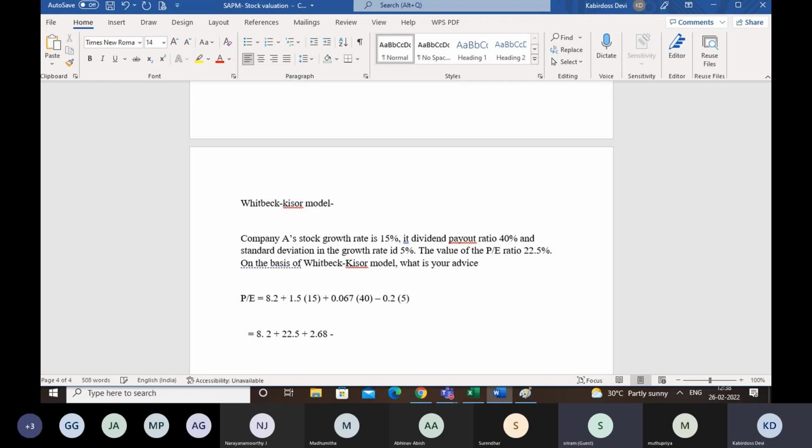Minus 0.2 into 5, which is 1. Now add all that: 32.38.